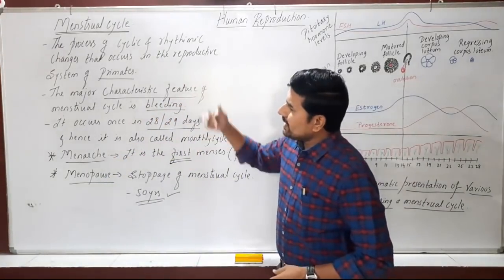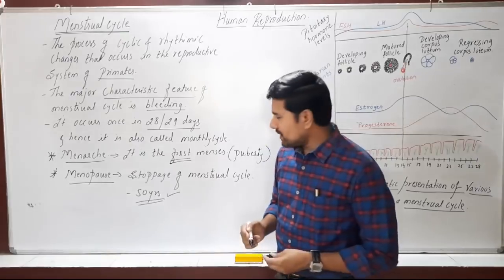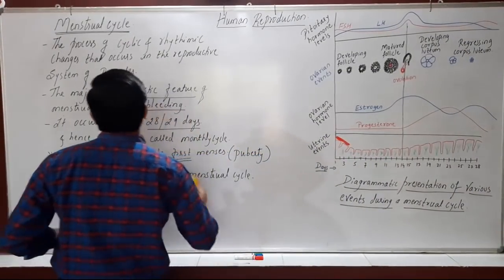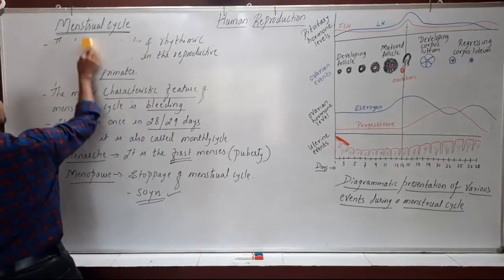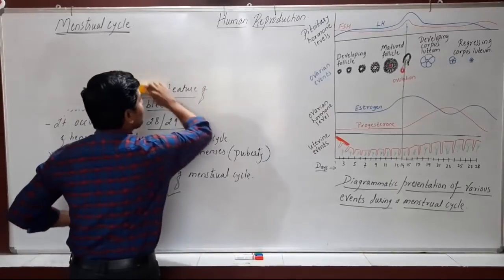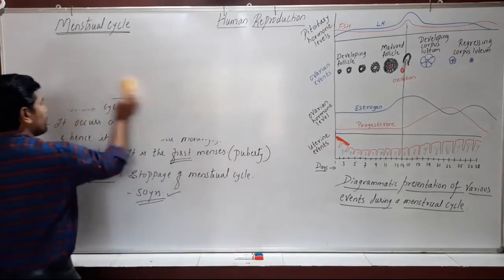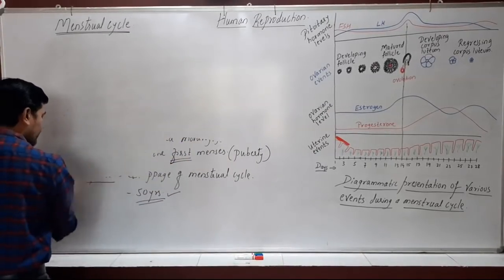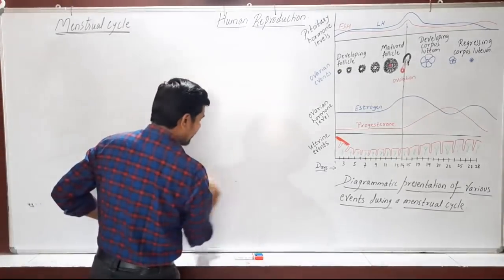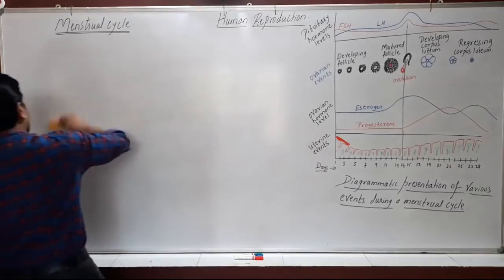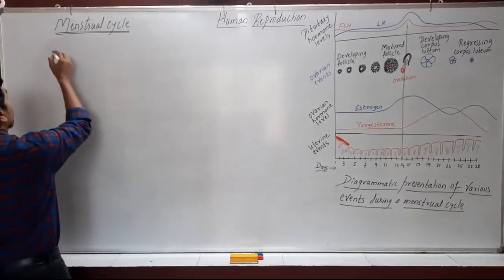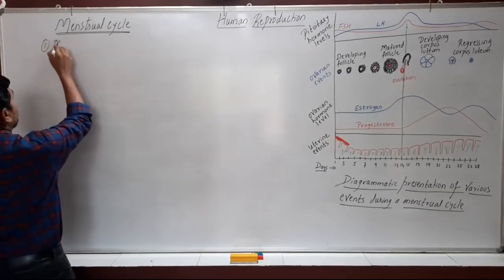Now with this, let's move on to the phases of the menstrual cycle. Let's look at the phases one by one. The menstrual cycle is divided into 4 phases. The first phase is the menstrual phase.